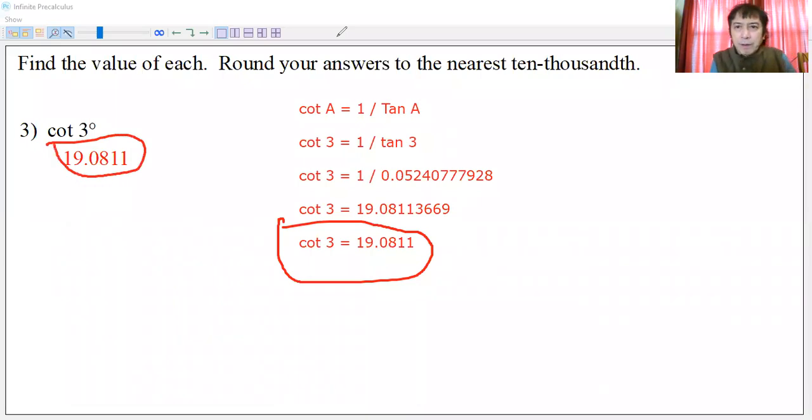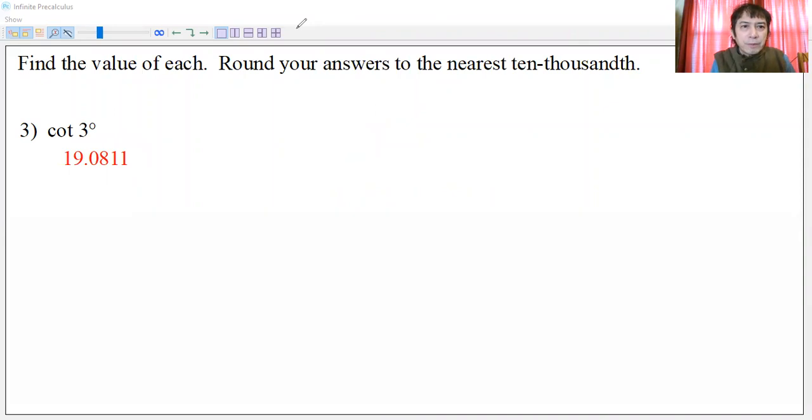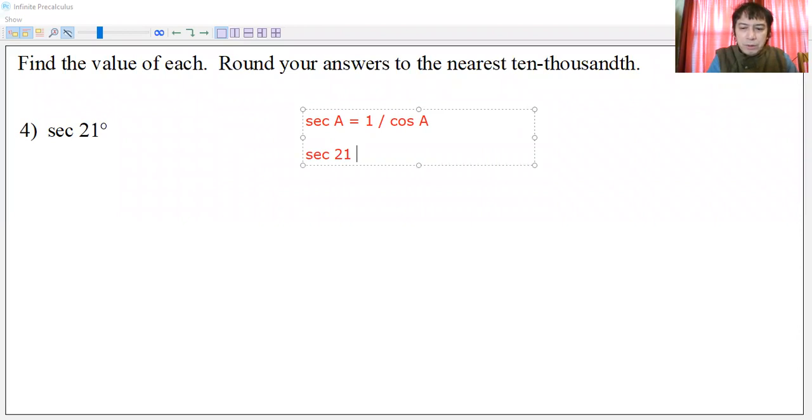Next, we'll do number 4. Find secant of 21 degrees. We have the formula: secant A is equal to 1 over cosine of A. So secant of 21 equals 1 over cosine of 21.